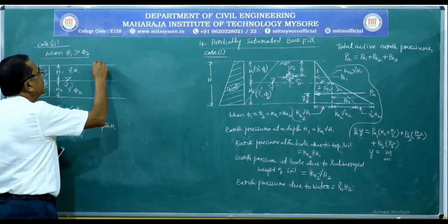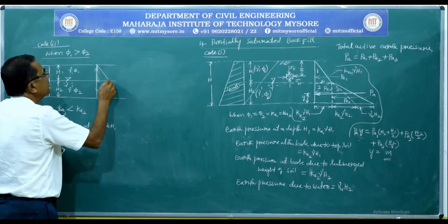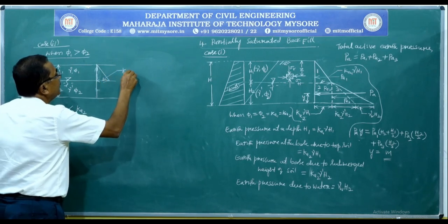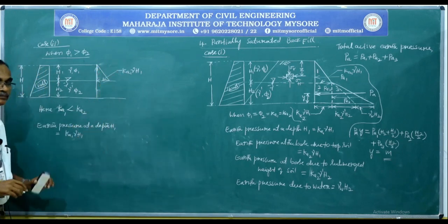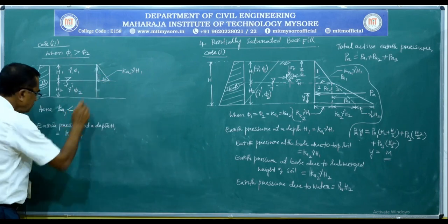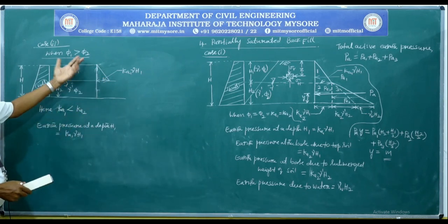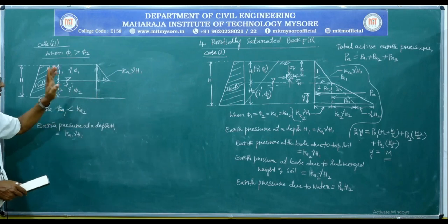So at the depth H1 the pressure is Ka1 into gamma into H1. Now you can easily see this routine. Whenever you come across two layers of soil, the top layer should be considered as surcharge when we calculate earth pressure at the base.